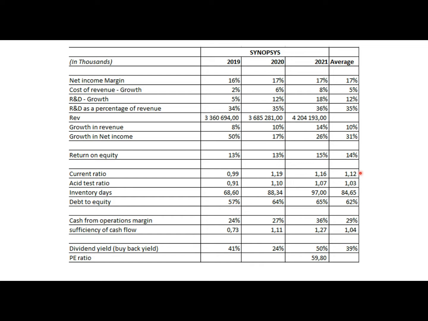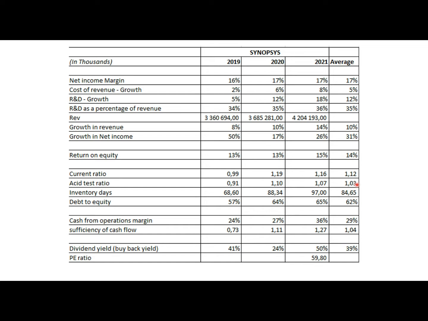So when I look at the asset test ratio, again, below the industry average, the industry average is about 1.88, but satisfying, considering that it's still above 1. It shows me that Synopsys does have enough short-term liquid assets to settle short-term liabilities.